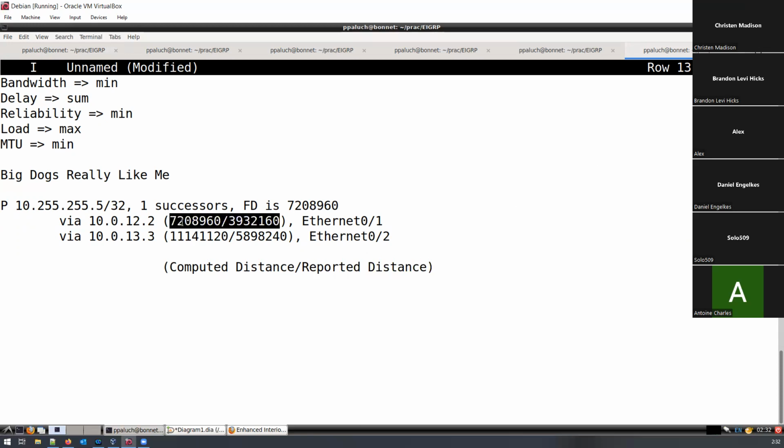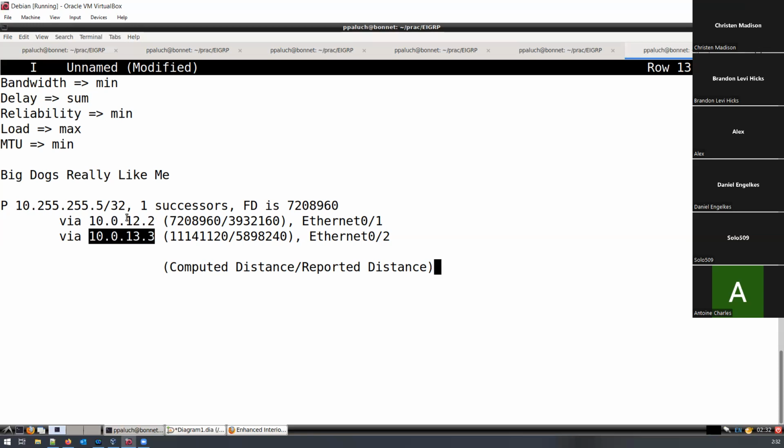And the computed distance, the first one, the number before the slash, is the total distance from the network that I'm looking at, in this case 10.255.255.5/32. This is the total distance through a specific neighbor. Now I'm showing two neighbors here. This is neighbor 2, this is neighbor 3.